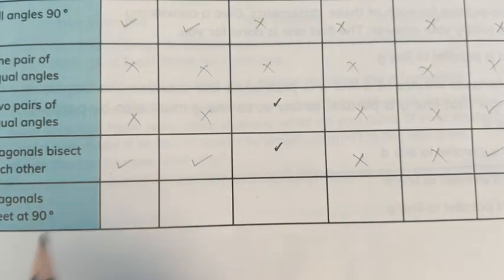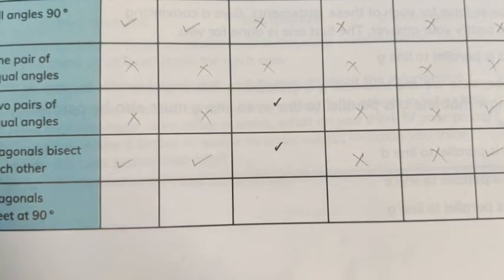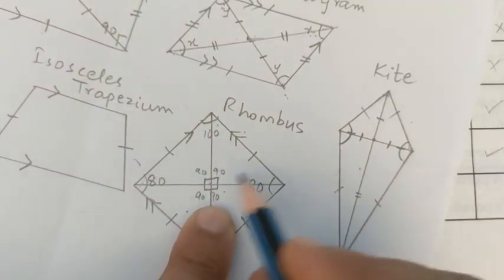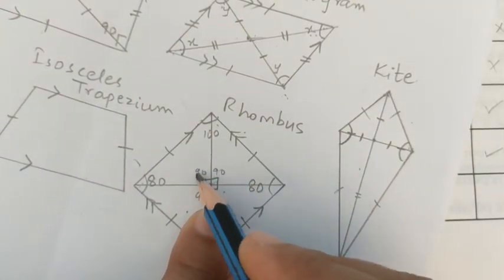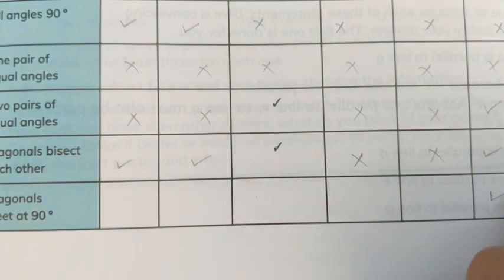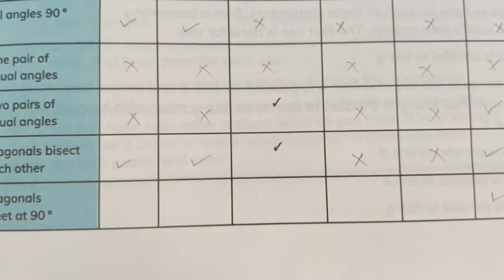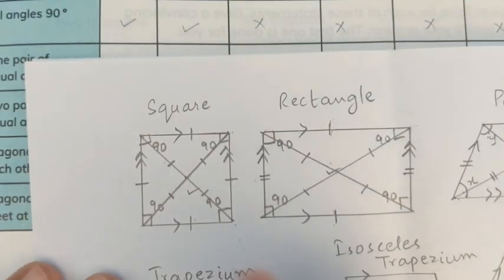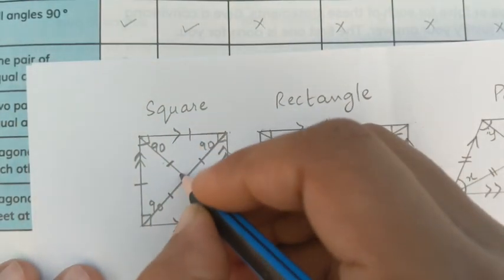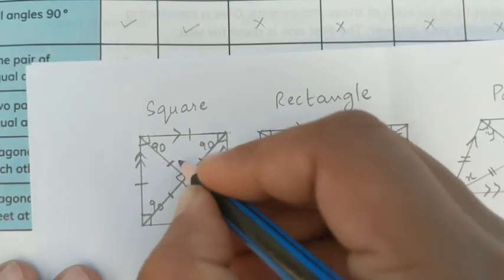Okay, and then let's talk about the diagonals meeting at 90 degrees. So we learnt about it. Here in this angle, diagonals meet at 90 degrees, 90, 90, 90, 90. So this happens in a rhombus. And then in a square, I think the diagonals also meet at 90 degrees.